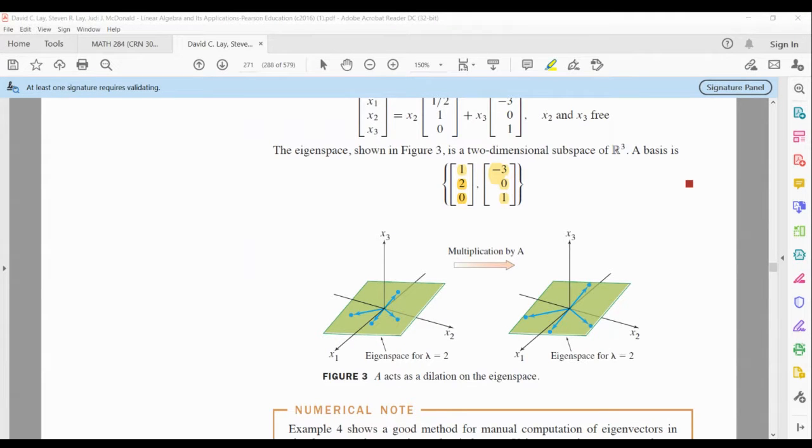But it doesn't change the geometry of the eigenspace. It's still the same plane. Okay. Are there any questions on that?